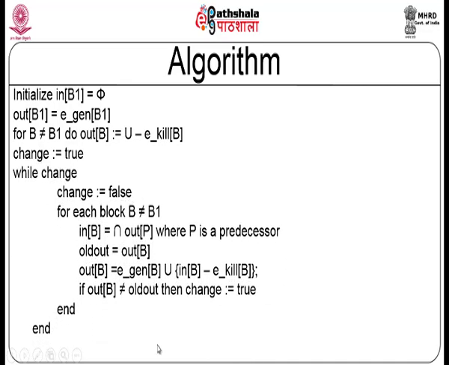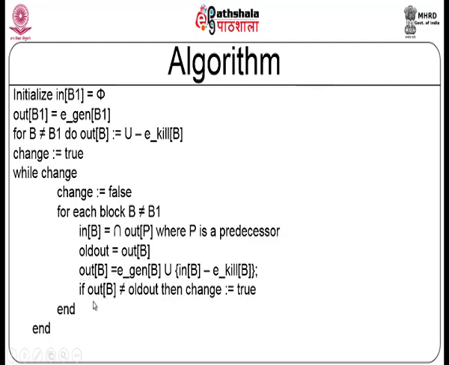Again we are resetting change, assuming that it is not available between successive iterations, and for each block B not equal to B1, input of B is equal to intersection of out of P, where P is a predecessor block. So you compute in and you assume old out is equal to out of B, and out of B is computed as it is.